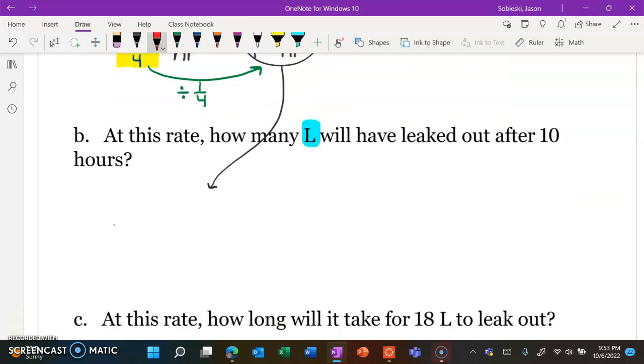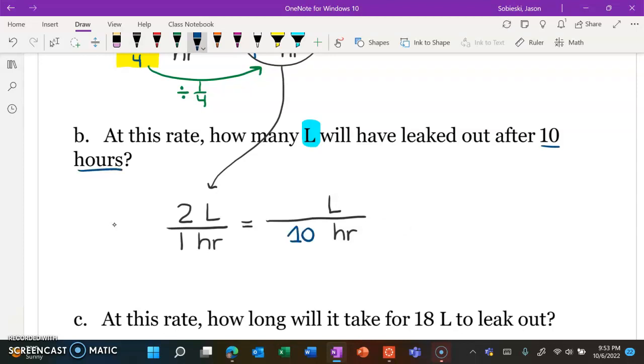Our answer will be some amount of liters. So that's still going to be our numerator. We know that we leak 2 liters per 1 hour. Okay, so there's the rest of our proportion, and they tell us that we are being concerned about 10 hours, right? So instead of putting a 1 here, we're going to put a 10.